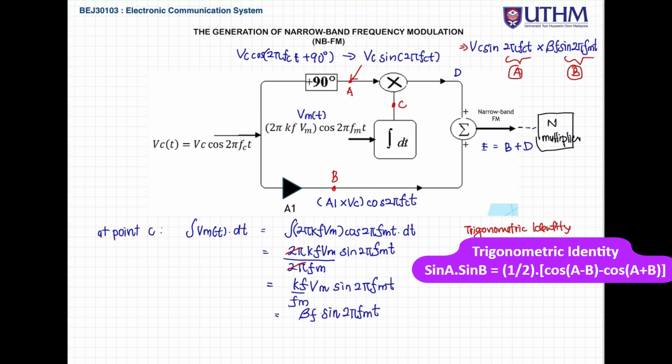The function of the N multiplier is to spread out the bandwidth, so from here we get wideband FM. That's all for the generation of narrow-band frequency modulation. Thank you.